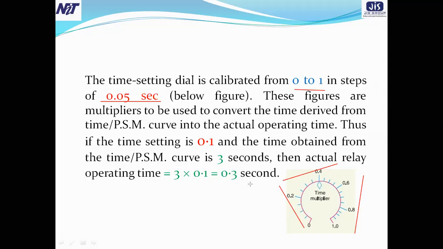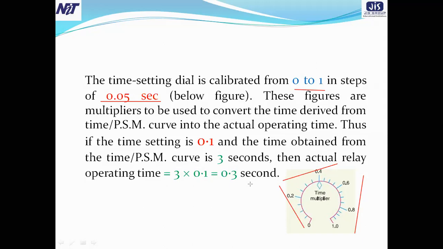Now, for instance, in an induction relay, the time of operation is controlled by adjusting the amount of travel of the disk from its reset position to the pickup position. This is achieved by adjusting the position of a movable backstop, which controls the travel of the disk and thereby varies the time in which the relay will close its contacts for given values of fault current.